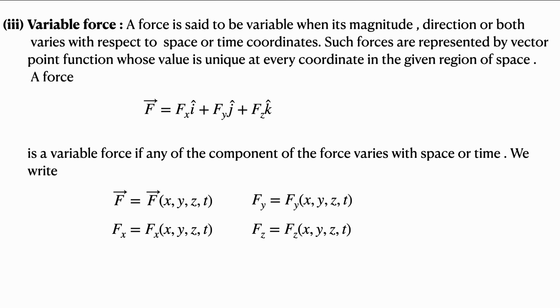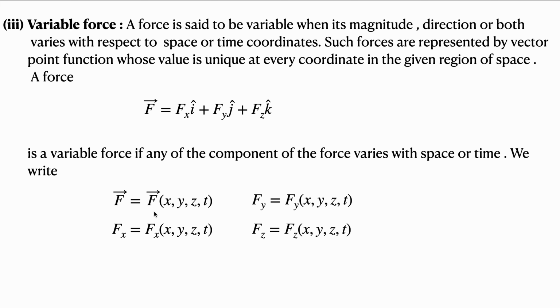Variable force. A force is said to be variable when its magnitude, direction, or both vary with respect to space or time coordinates. Such forces are represented by a vector point function whose value is unique at every coordinate in the given region of space. A force vector F equals Fx i cap plus Fy j cap plus Fz k cap is a variable force if any component of the force varies with space or time.